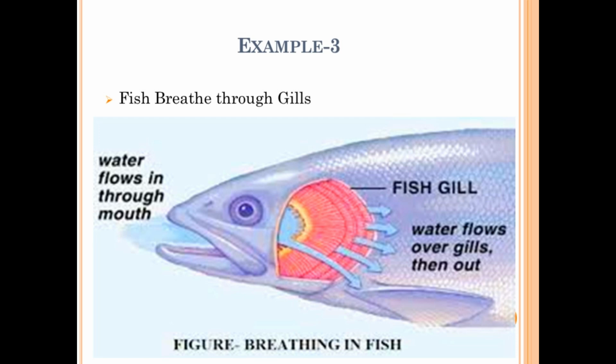You can see that water enters through the mouth and goes out through the gills. Here, the oxygen in the water is absorbed in the gills of the fish, and in the same way the fish takes breath.